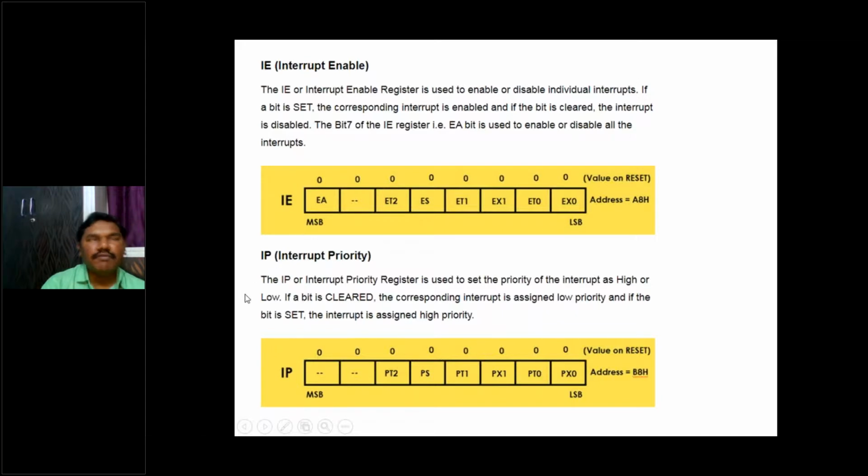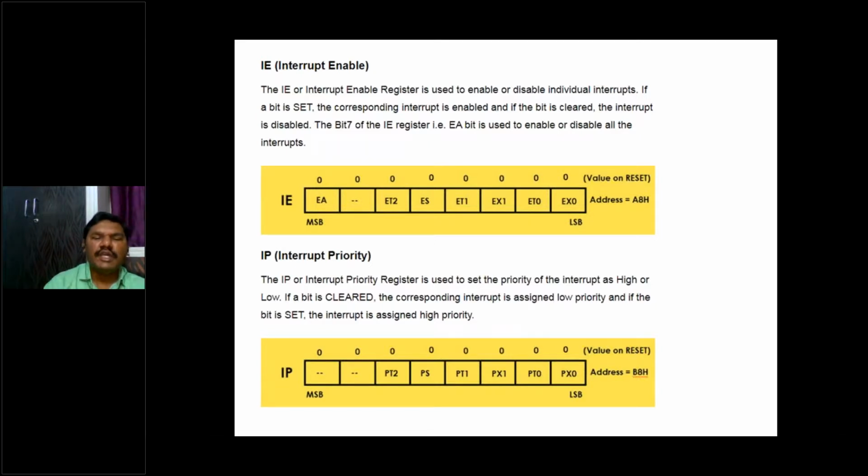Interrupt priority. If interrupts are coming from 2 or 3 devices, then we need to give the priority, which will need to execute first. That is what we call the interrupt priority. Here the highest priority goes to PS, and the lowest priority goes to PX0, which we will see later.